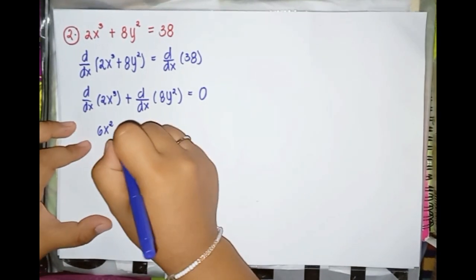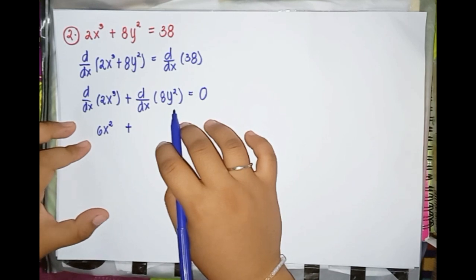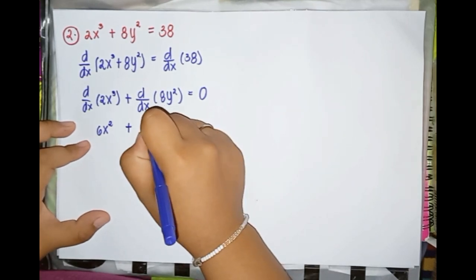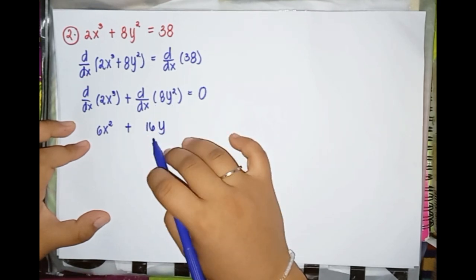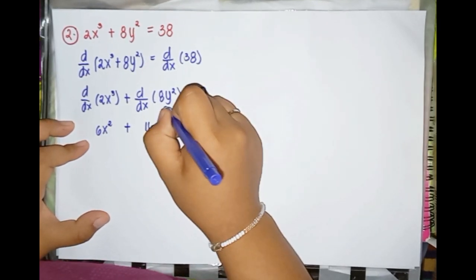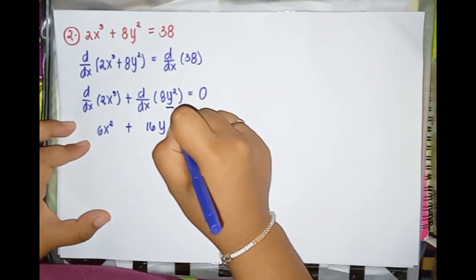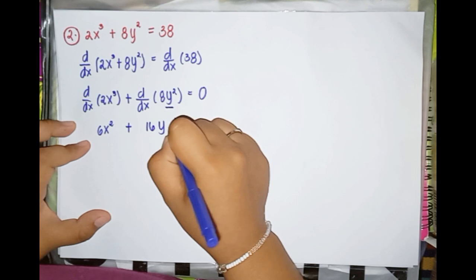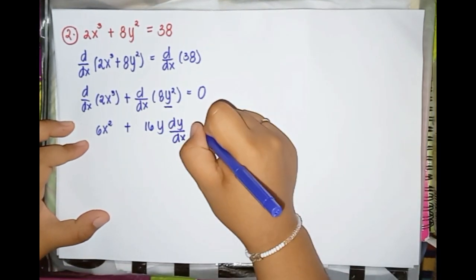So the derivative of 8y squared is 16y, since 8y squared is our outside function, and then our inside function is y, and we're going to differentiate it in terms of x.